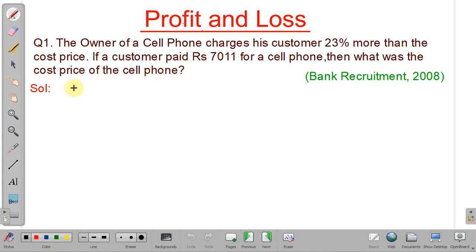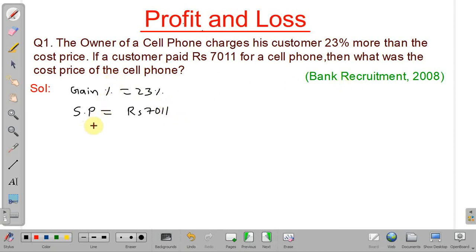See, gain percentage is given as 23%. And selling price is also given. Selling price is rupees 7011. And we have to find the cost price.